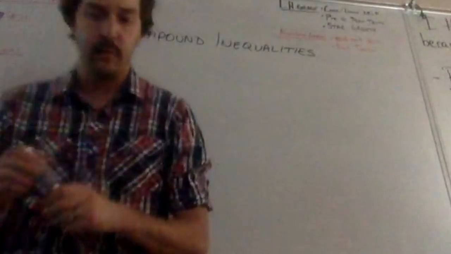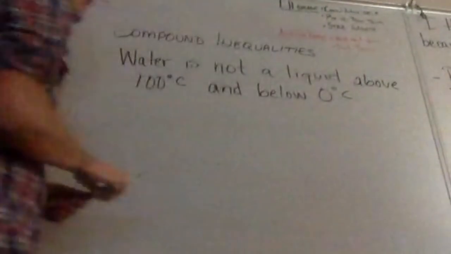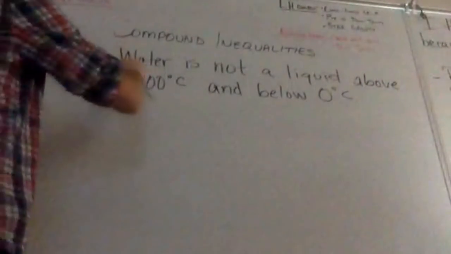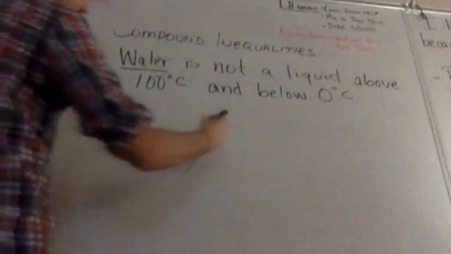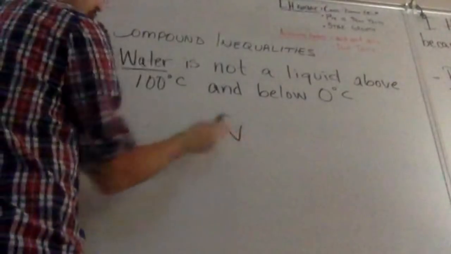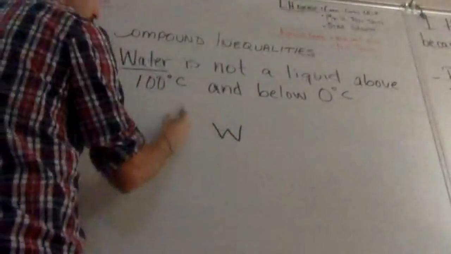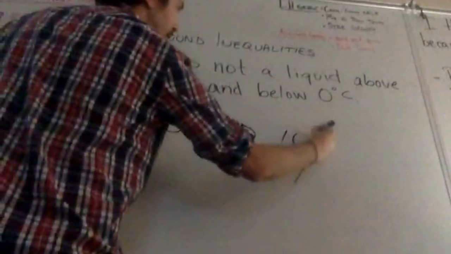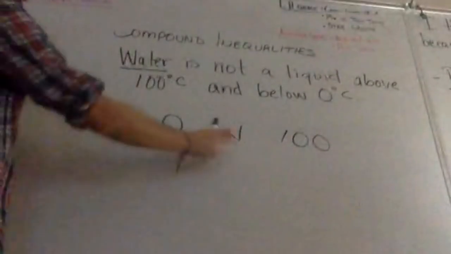All right, so let's write an inequality for that. Okay, so water. I'm going to say that's W. Water. When is it a liquid? It's only a liquid when it is in between 0 and 100. So I got two numbers, and I have my water.